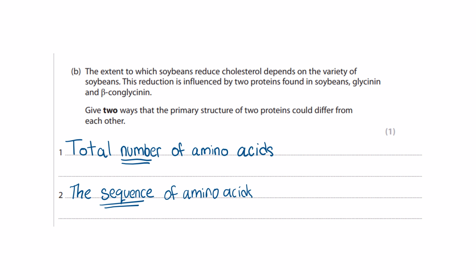So they can differ in that the total number of amino acids is different, or the sequence of amino acids is different. So they can have 5 amino acids, or they can have, for example, lysine, glycine, ricin, and then they can be in a separate order. Okay, so that's what sequence means.